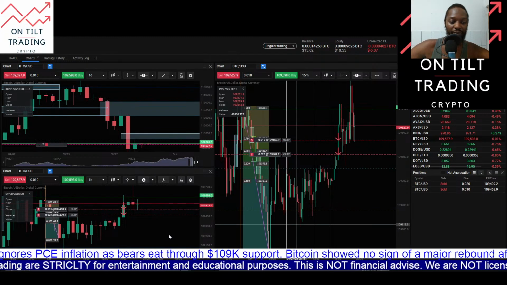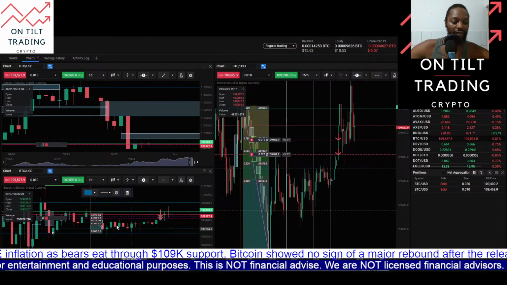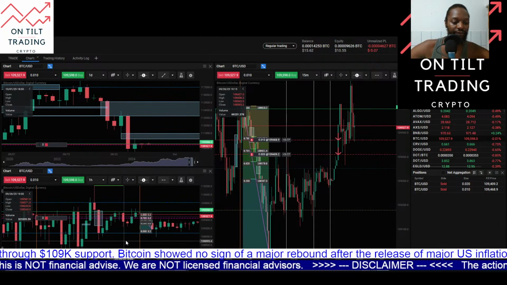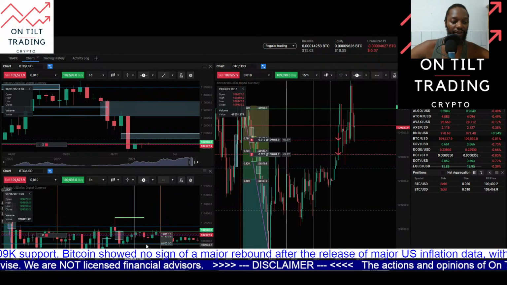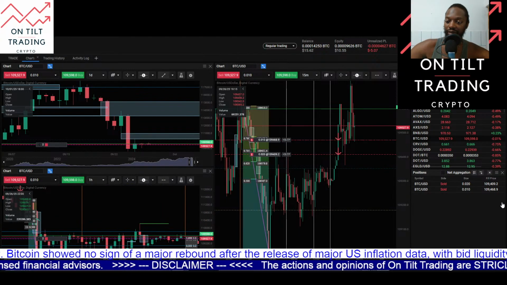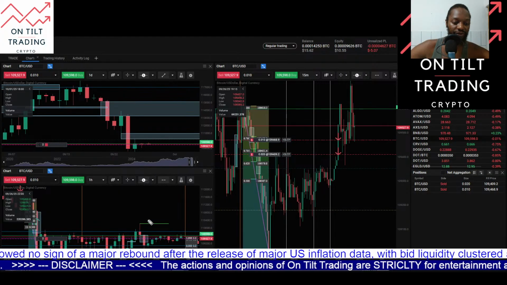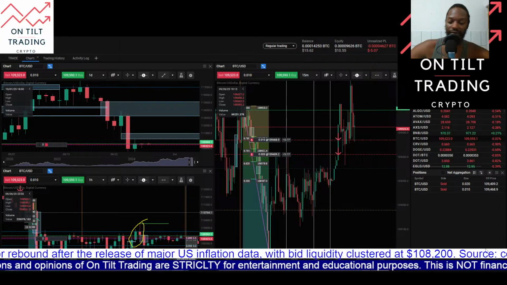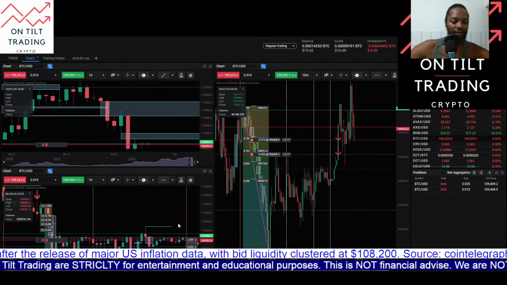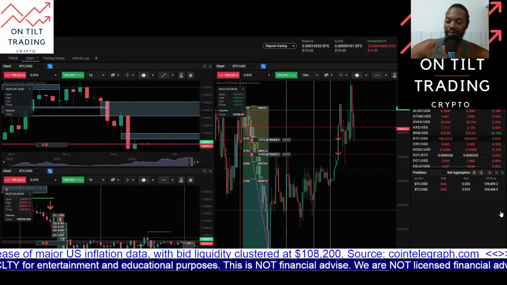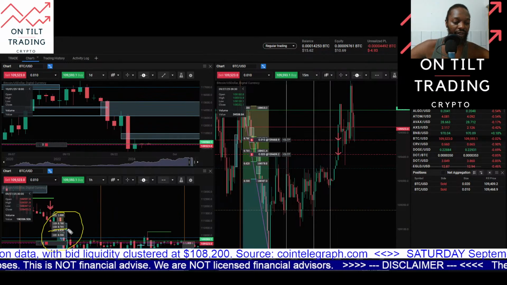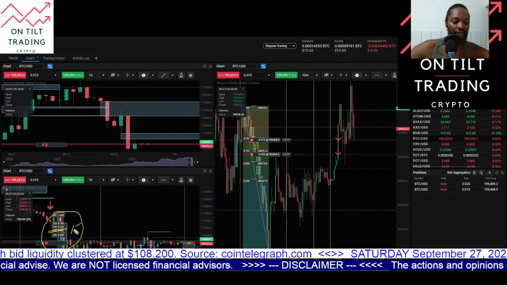So let's back up a bit here. Okay. So yesterday this price action right here, this break of structure that I mentioned, trades up into equilibrium of this fair value gap.